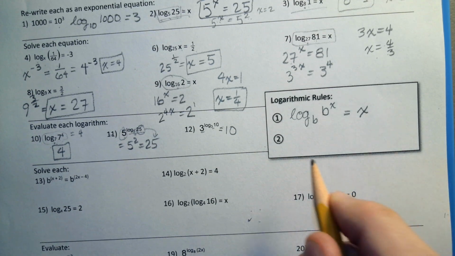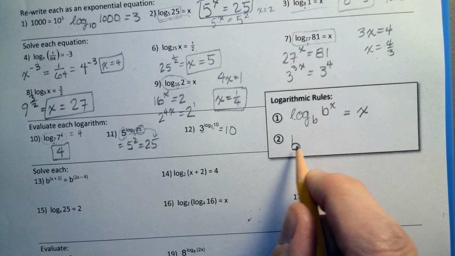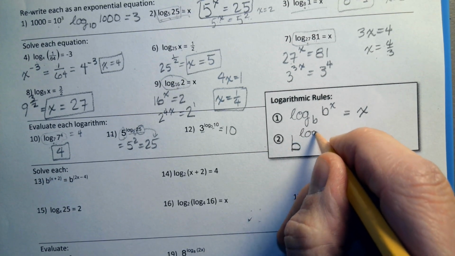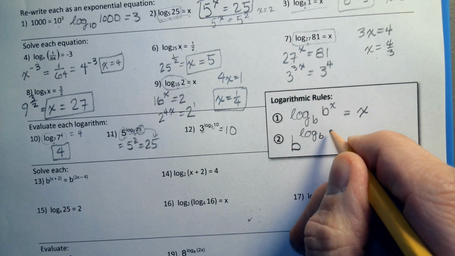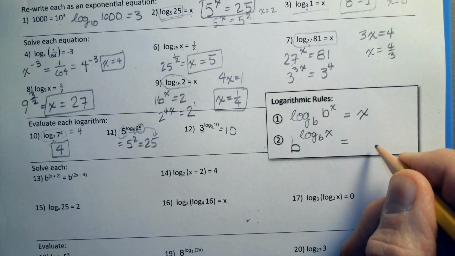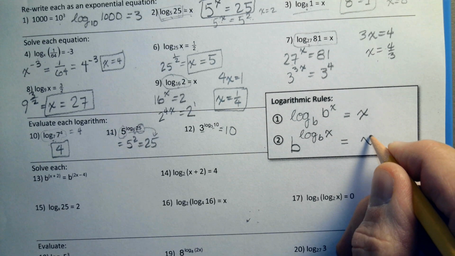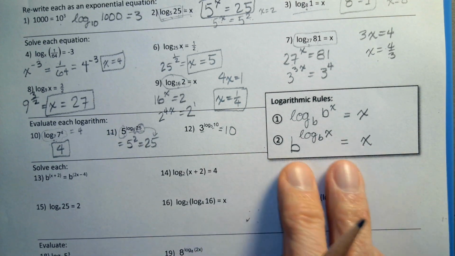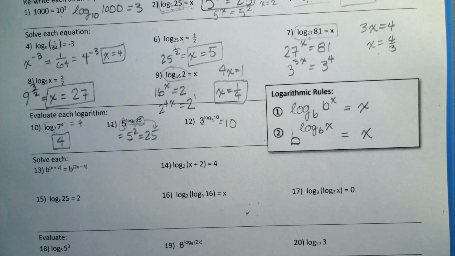And then a different problem, if I have b raised to the log of the same base of some value x, that's equal to x as well. Those are two rules that we will use from time to time.